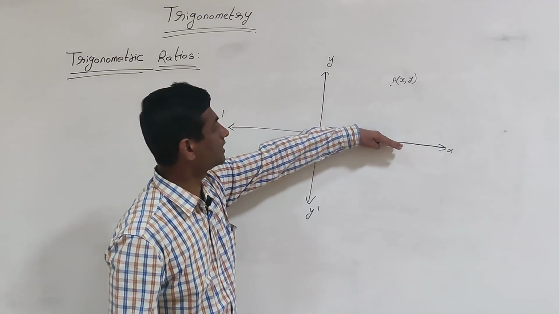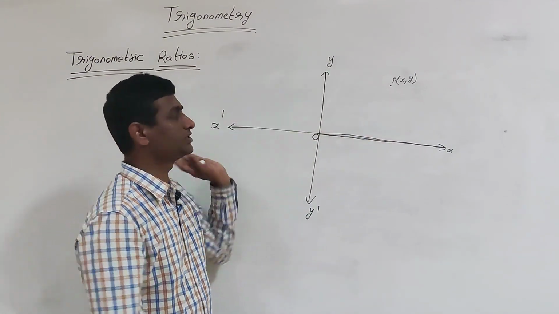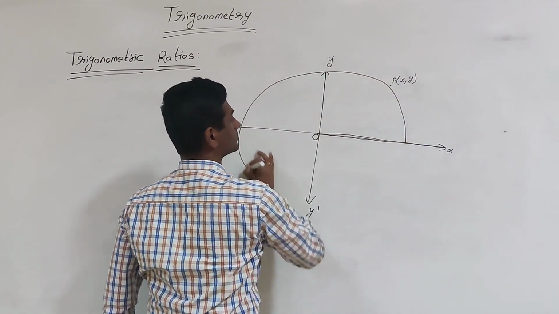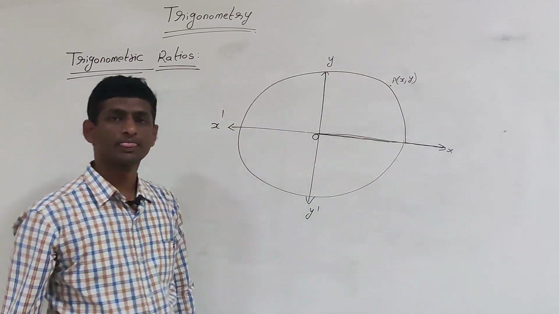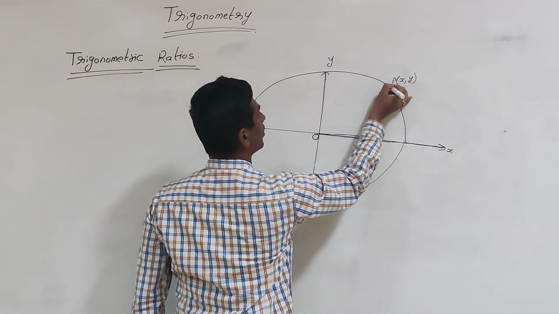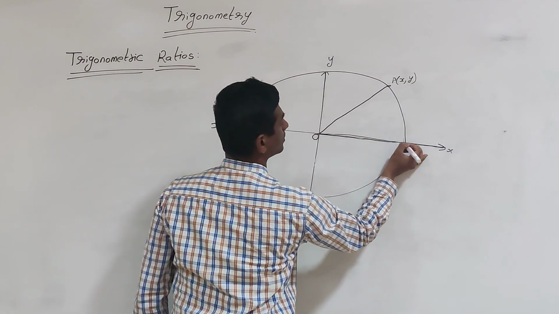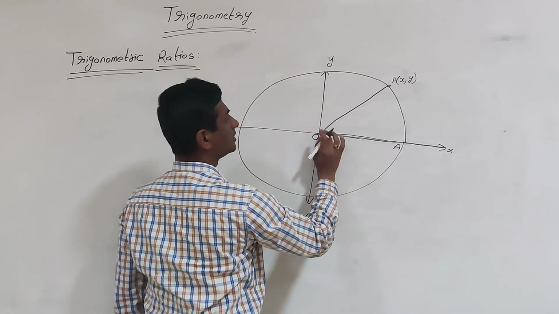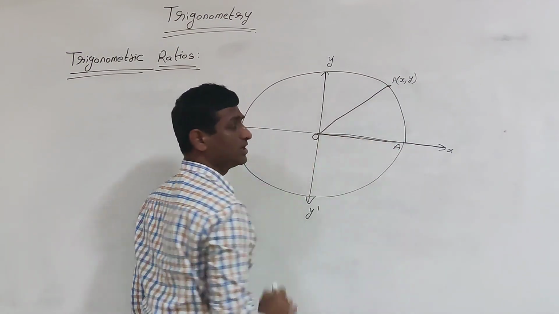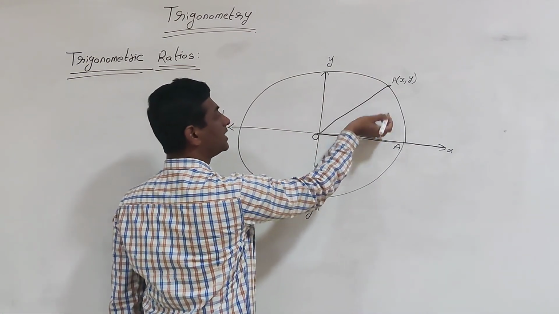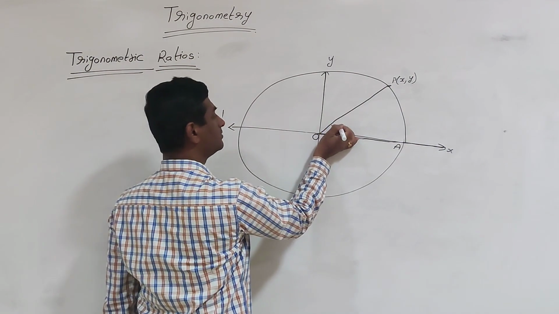If we rotate in the anti-clockwise direction, we get the terminal ray. So OA is our initial ray, OP is our terminal ray, and if it rotates in this anti-clockwise direction, it takes some angle theta.